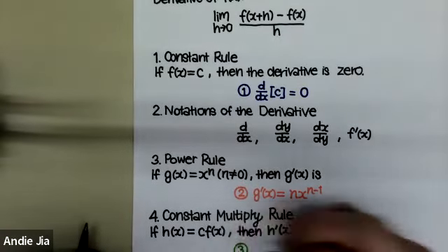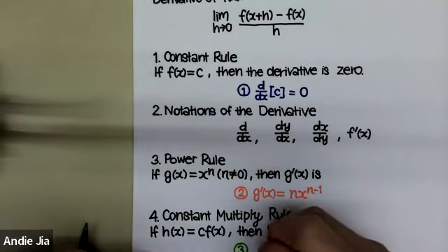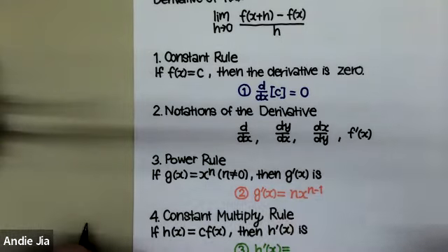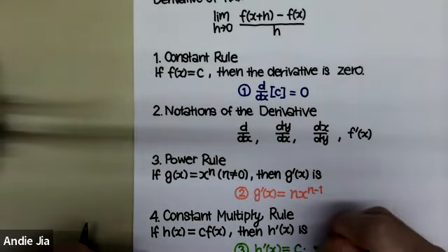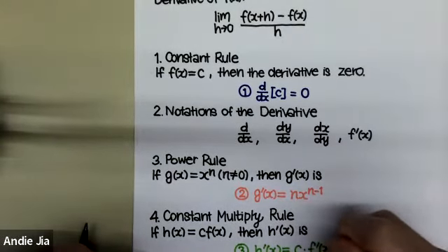So we just pull out the constant. h prime of x is equal to c times f prime of x.